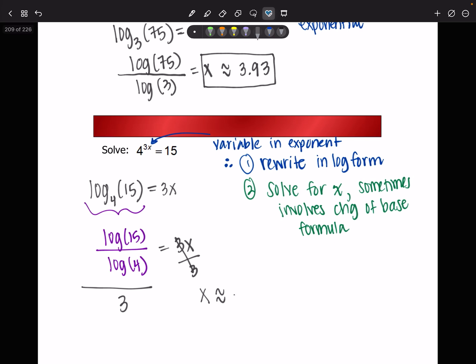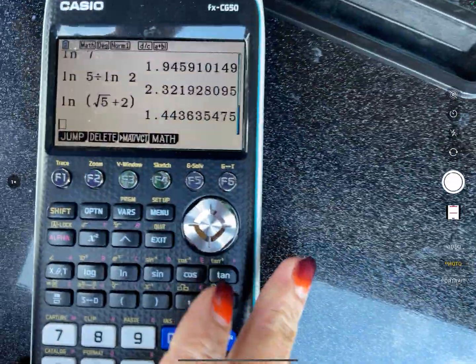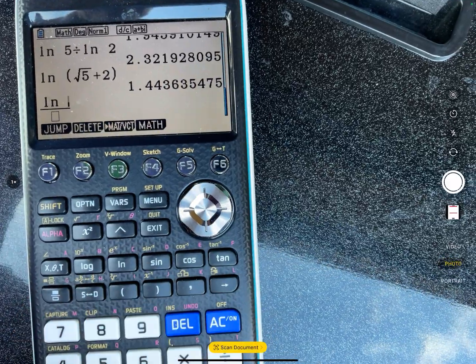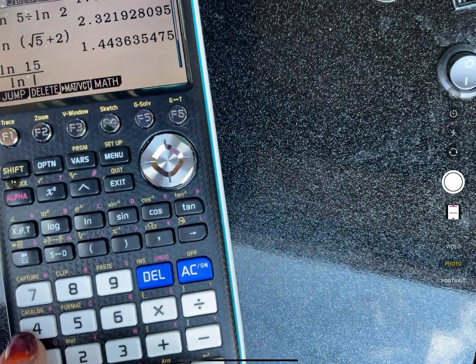Now I'm going to show you the purple part in my calculator. I'm going to put that purple part in the calculator, and then I'm going to divide by 3. And remember, you can use the log button or the natural log button. It was natural log or log of 15 divided by natural log or log of 4.